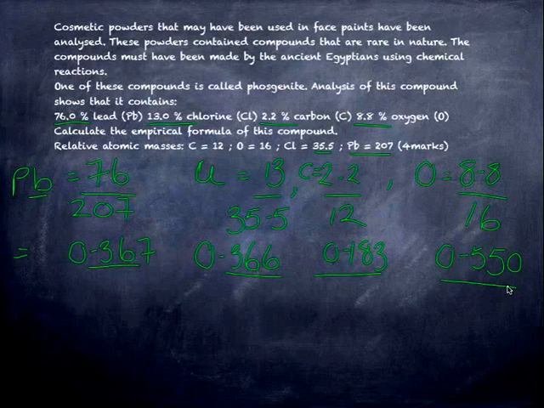So what's the smallest number we have? Would appear to be the 0.183. So we divide everything by 0.183 now.